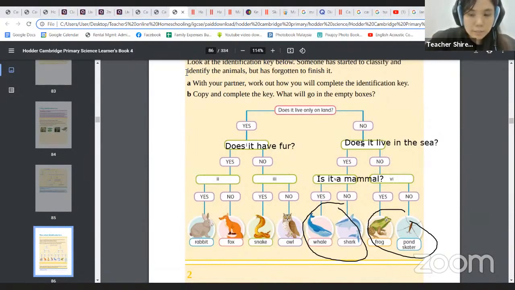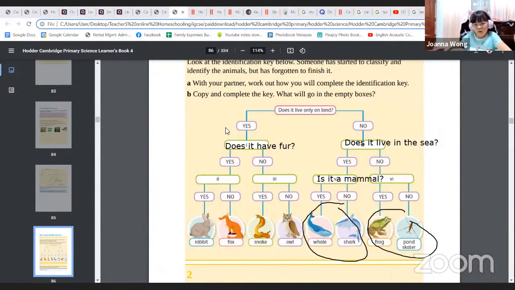Done? Okay, Jensen, can you tell me what's your answer for the first, second, and third? Just to make sure it's correct. Can I write this column, does it live on the land and in the water?